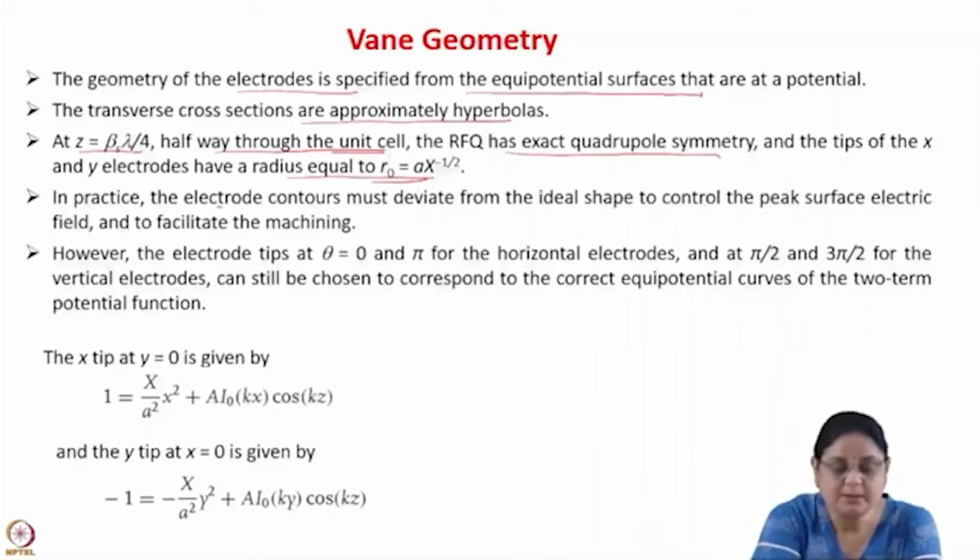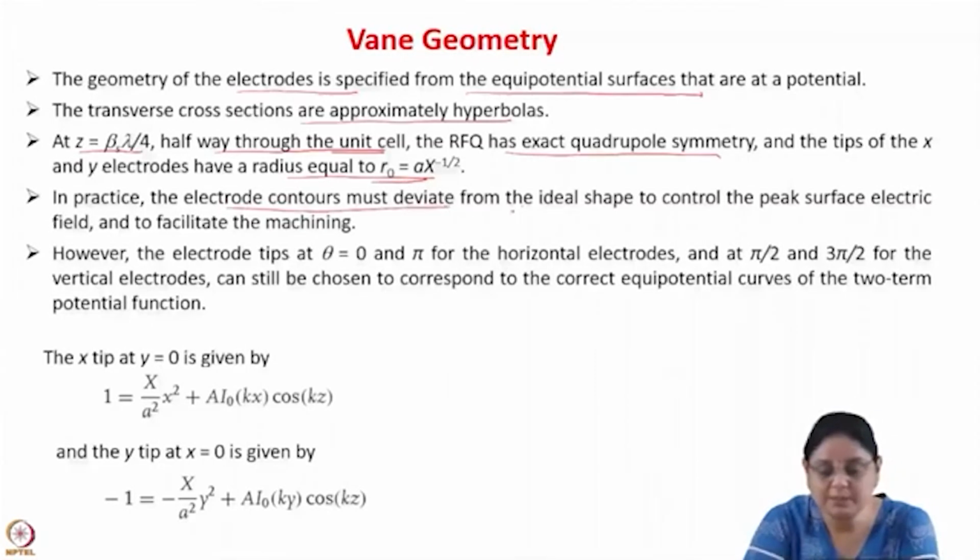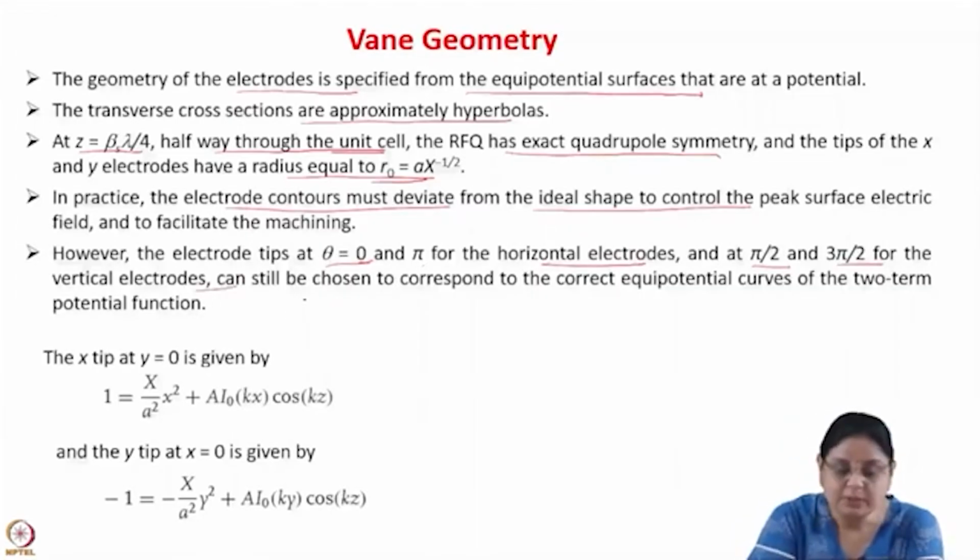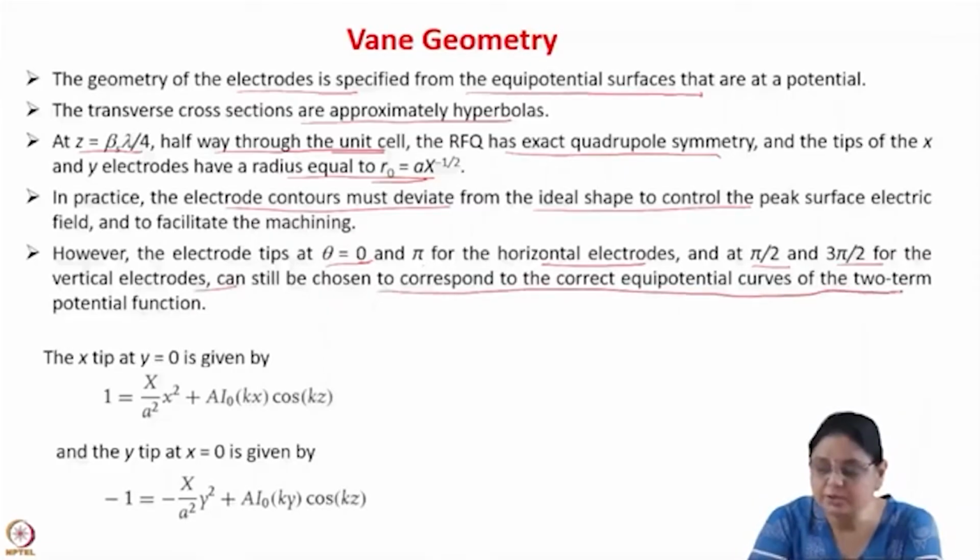In practice, the electrode contours must deviate from the ideal shape to control the peak surface field and to facilitate machining. However, at the tips, that is at theta equal to 0 and pi for horizontal electrodes, and at pi by 2 and 3 pi by 2 for the vertical electrodes, these can still be chosen to correspond to the correct equipotential of the two-term potential function.